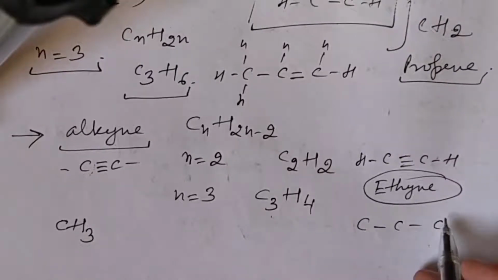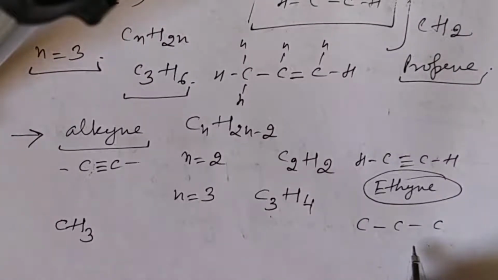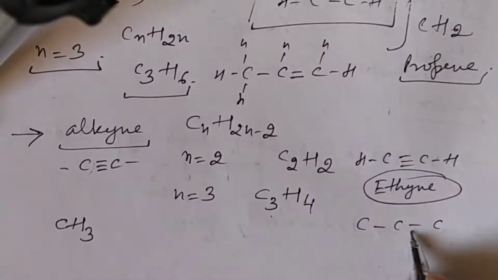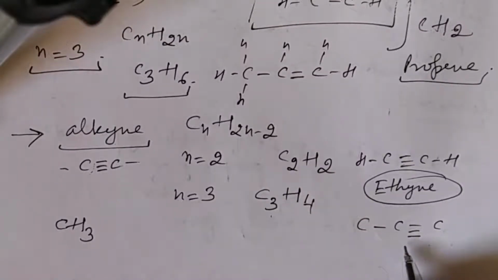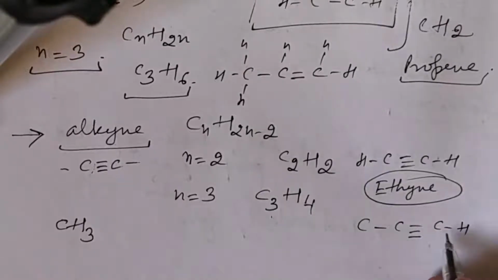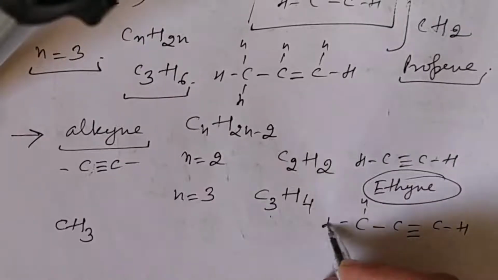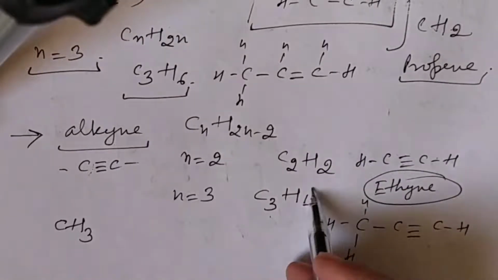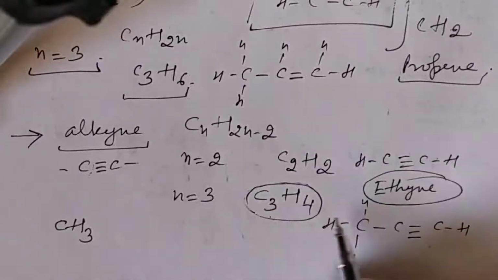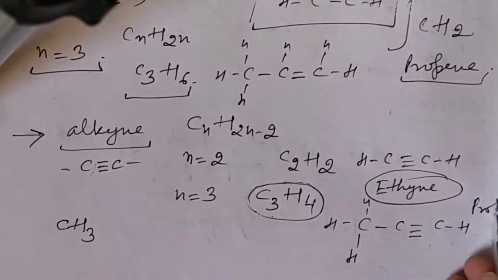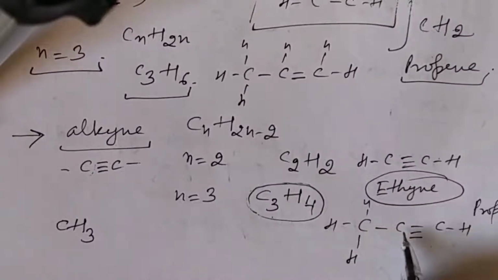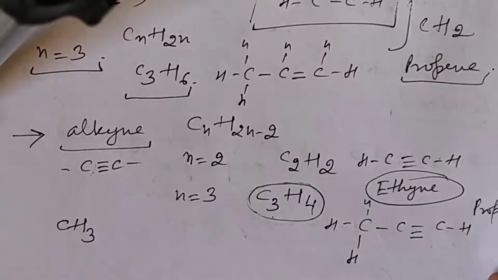Here we are drawing the carbon chain of 3 carbon atoms. The triple bond is there because it is an alkyne family. Complete the valency of carbon with hydrogen atoms. Cross check it with the molecular formula. This is the molecular formula of the propyne member. In propyne, prop stands for 3 carbon atoms and yne stands for triple bond.